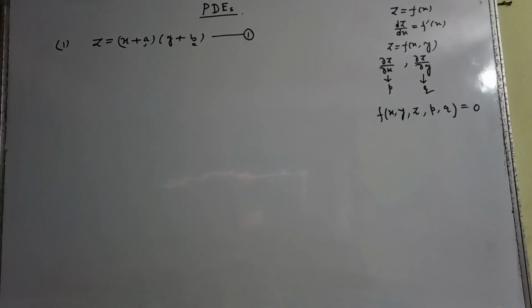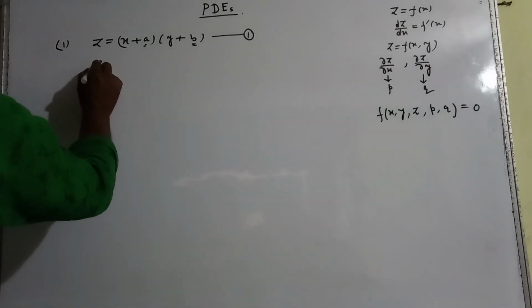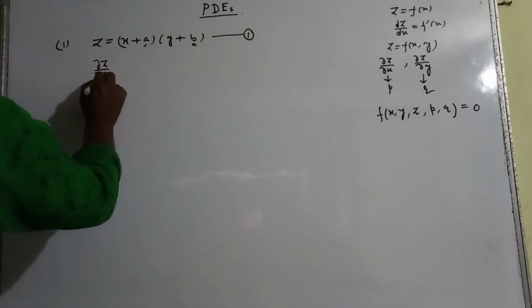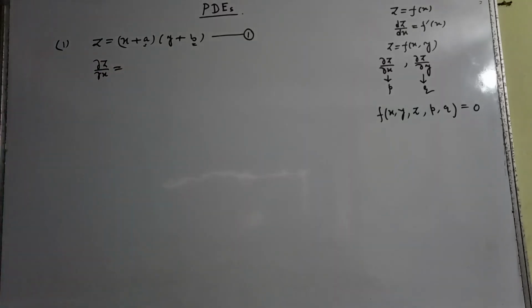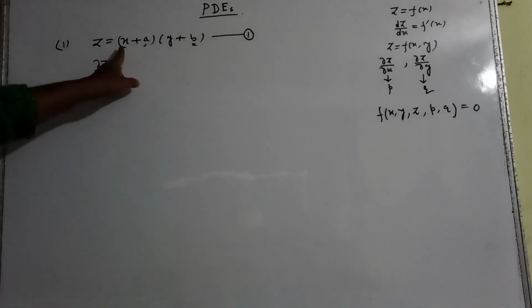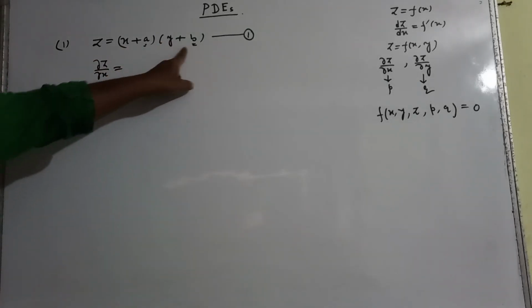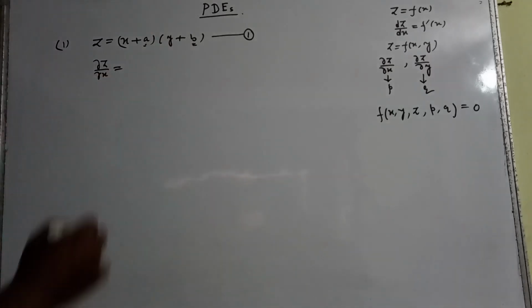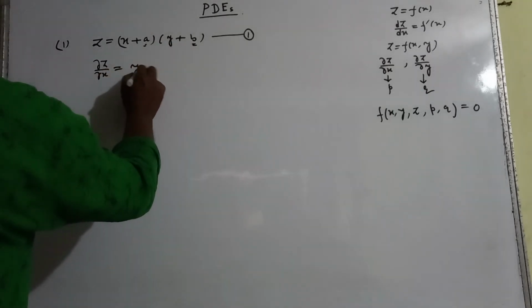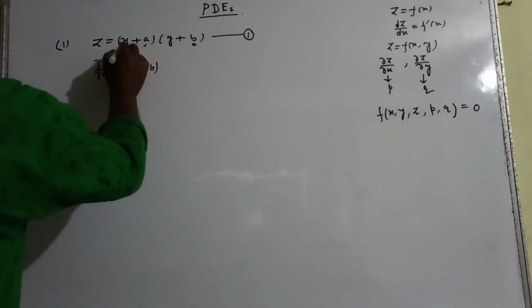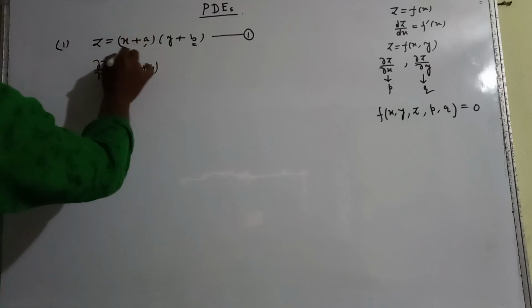Now we differentiate z partially with respect to x and y respectively. If we differentiate z with respect to x, then del z by del x equals: x is the variable, the other terms are constant, so y plus b remains the same, into the derivative of x plus a with respect to x.